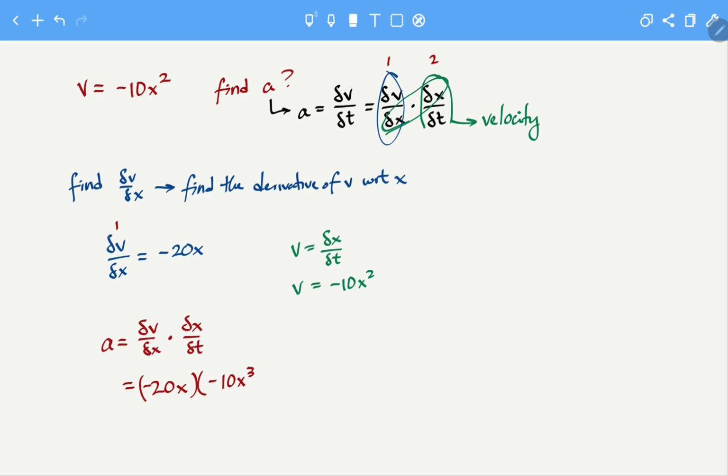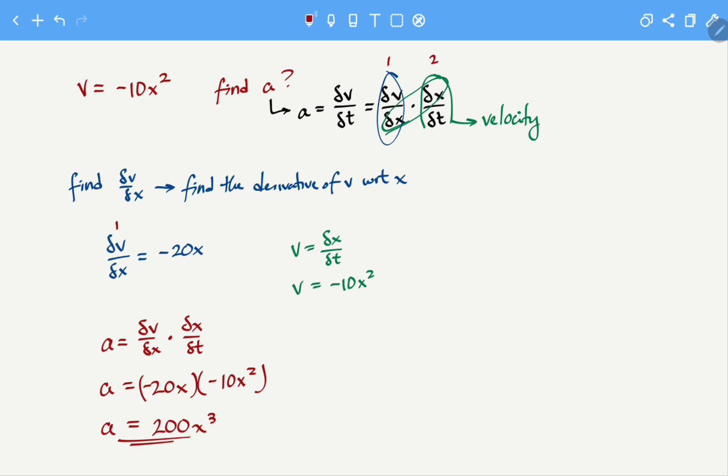Why do I write cubed? Why do I write cubed? Because I know what the answer is. Negative 10x squared. And that's our acceleration. Cool. So all I got to do is multiply that through. And so when you crunch the numbers, you get acceleration is equal to 200x cubed. Cool. So that's how you can write the acceleration.